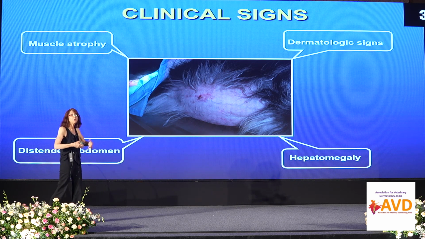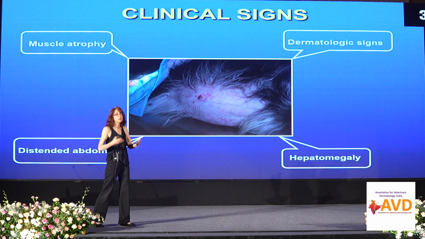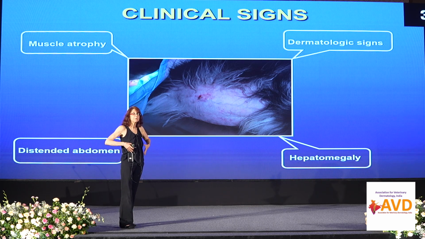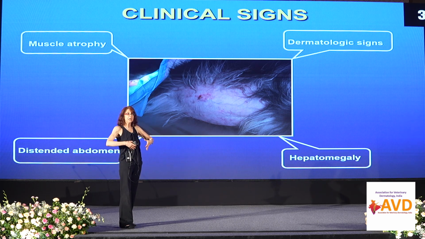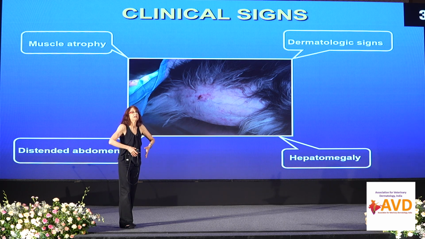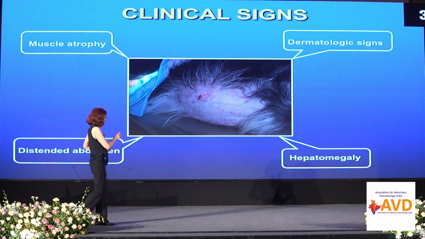Distended abdomen, which we call the pot belly appearance, and that happens because of the muscle atrophy, the fat accumulation in the abdomen, as I mentioned to you, also the enlarged liver, and also distended bladder. And these muscles are weak, and so that weight makes that belly kind of saggy and pot in appearance, okay?